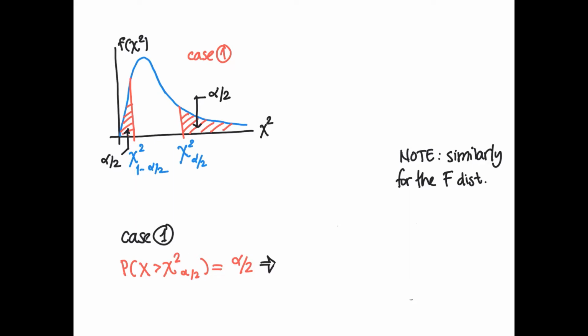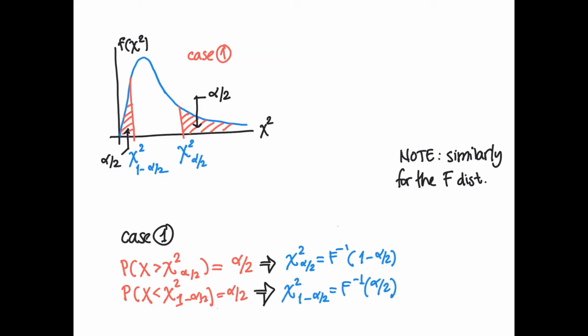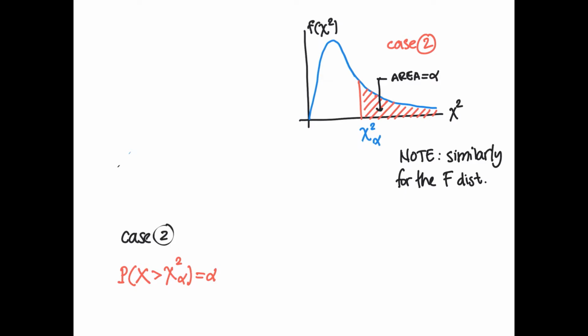And so for the first case, this would be the inverse value that we're looking for, the one to the left, this quantile will be equal to this. In a similar way we're going to do that for the F distribution. And so we are going to be using the inverse cumulative distribution function of the chi-square or of the F distributions to calculate those parameters when the graph is non-symmetric.